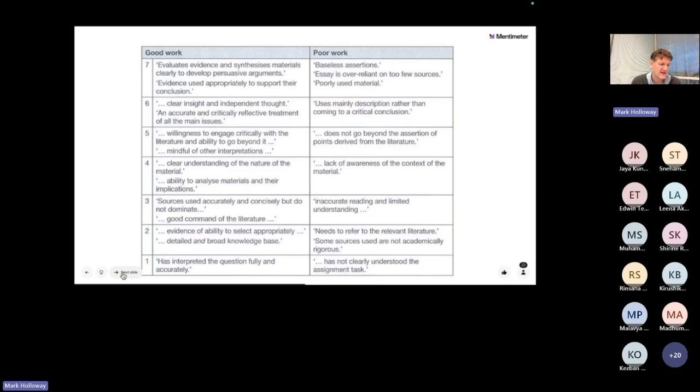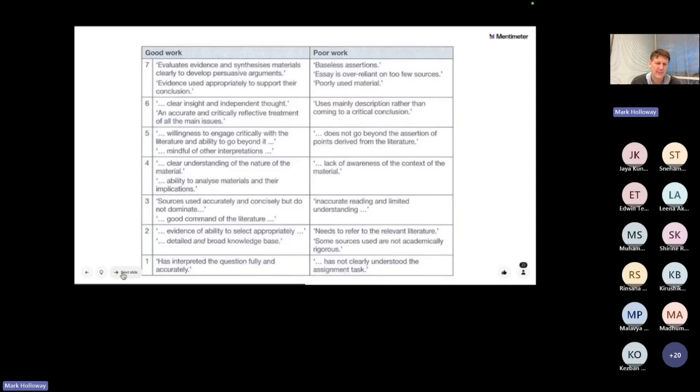"A lack of awareness of the content of the material," "does not go beyond the assertion of points derived from the literature," which would be like describing or just paraphrasing what's in the literature and not doing anything more than that. Being mainly descriptive rather than critical.